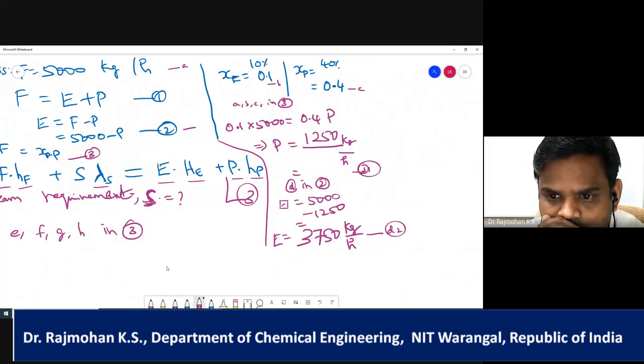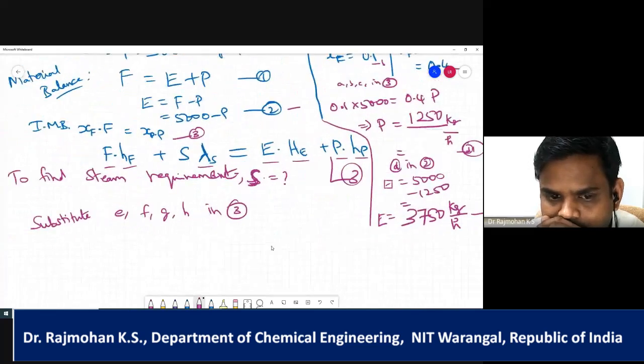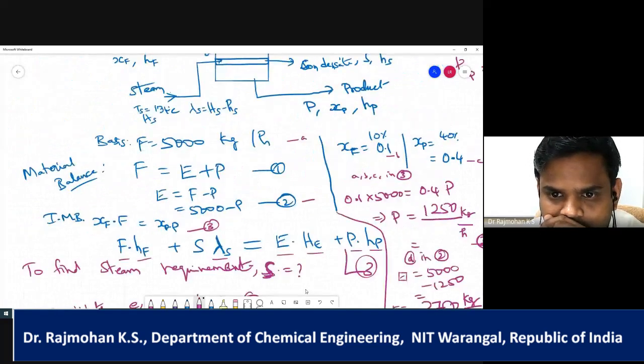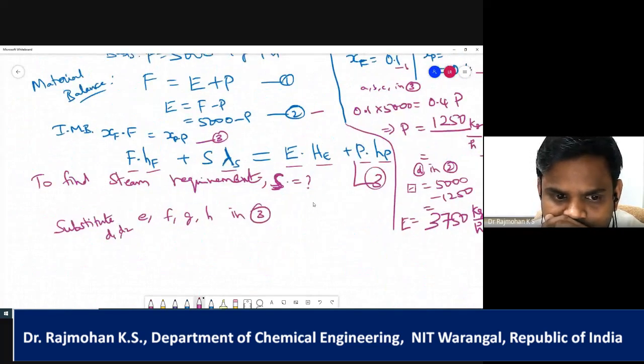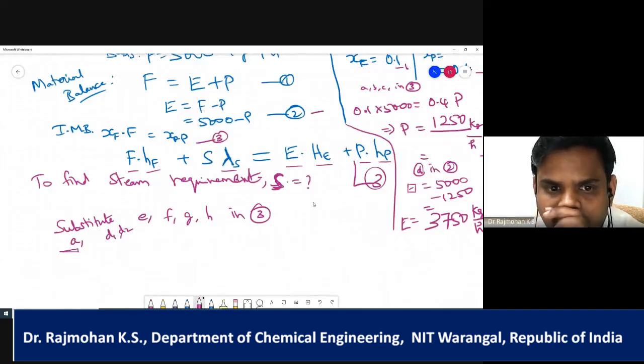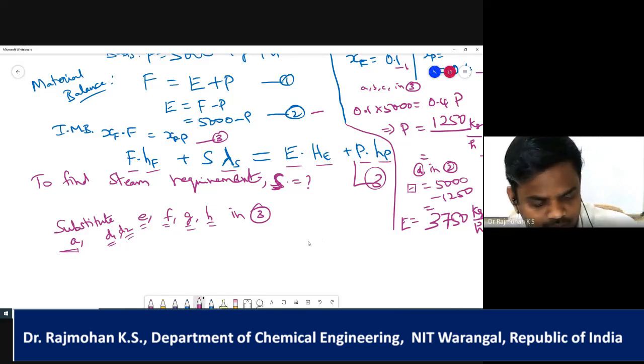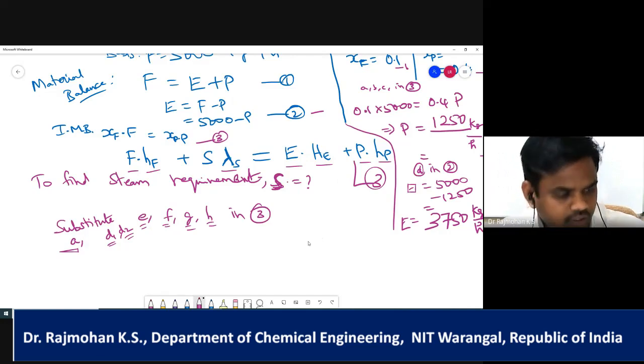I wrote D1, D2. What we have taken as F value is A. Substitute the value of F here. Substitute the values of D1, D2, E, whatever we have mentioned. So we are actually substituting the values of F, HF, S, lambda S, E, HE, P, and HP. You will get S value. We simplify to get the value. What is the value of S?